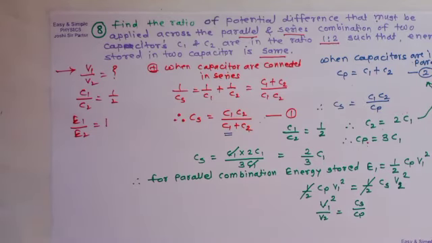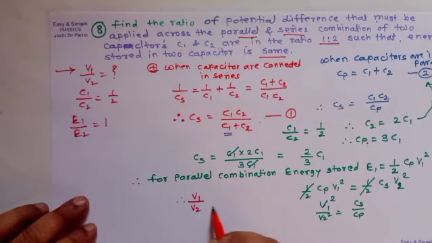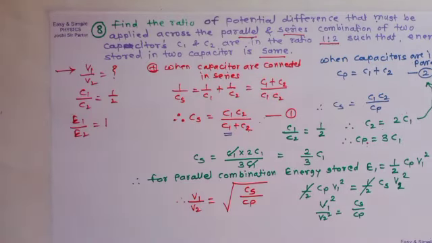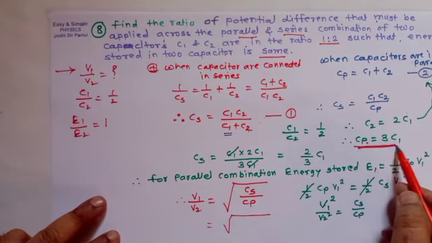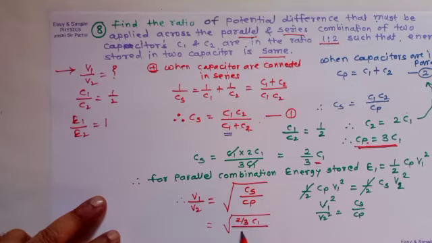So we take the square root. V1 upon V2 is equal to square root of Cs upon Cp. If we substitute the values, Cp is 3C1 and Cs is 2 upon 3 C1. So 2 upon 3 C1 upon 3 C1.